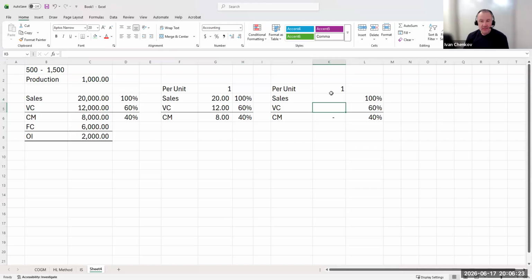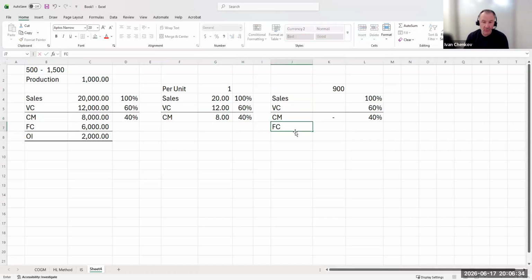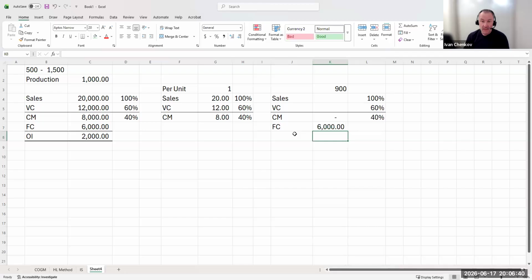If I know that I'm generating $8 contribution margin per unit, I know that my fixed costs are always and always $6,000, which doesn't change. And I know that my operating income is simply a calculation between the contribution margin minus the fixed cost.